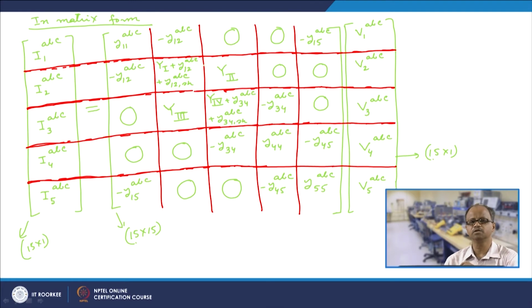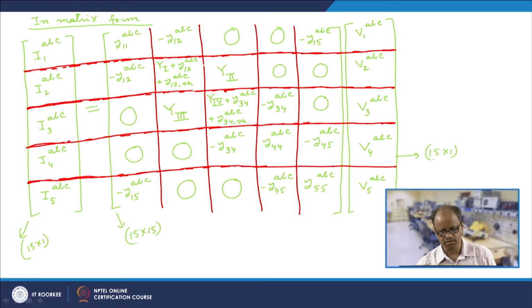But suppose there are 200 such transformers connected between different sets of buses. Then how can an automatic computer algorithm be made, so that these matrices would be automatically embedded into the bus admittance matrix?